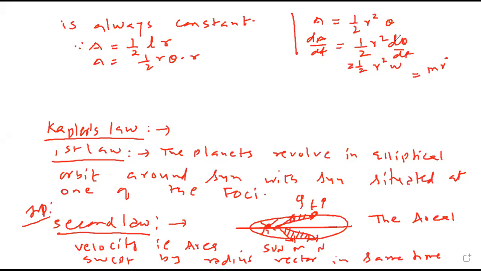If I multiply by m and divide by m, then m r square omega is I omega, which is called angular momentum. We know that angular momentum is always constant if no torque is acting. So this areal velocity dA upon dt is L upon 2m, which will be constant. Just write these two laws, then the third one I am writing.